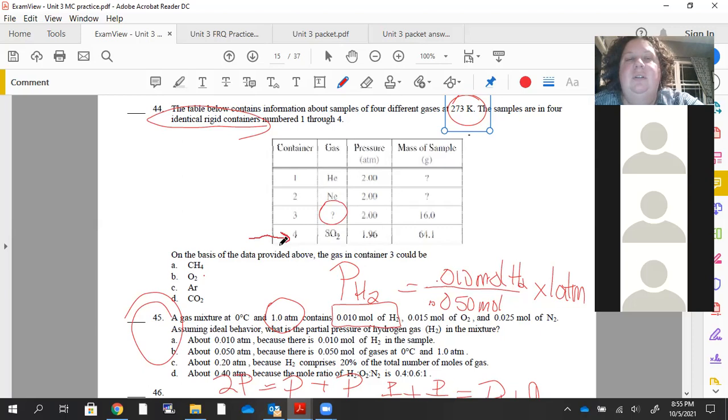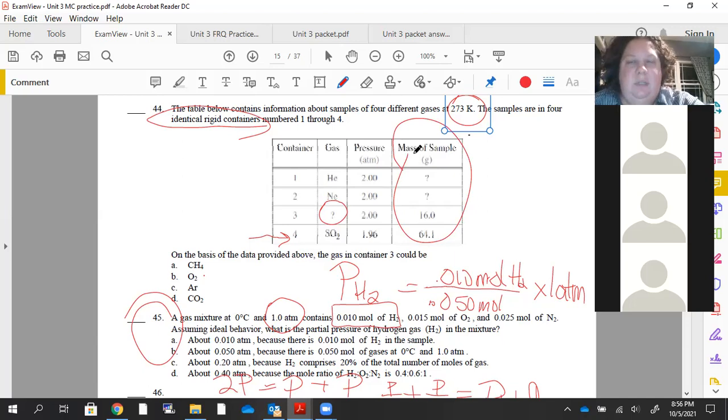There's another question somewhere in here that talks about why this is 1.96 instead of 2: it's deviating from the ideal gas law. It's such a big molecule that there are some intermolecular forces affecting the pressure. But then it also has a mass of a sample column.